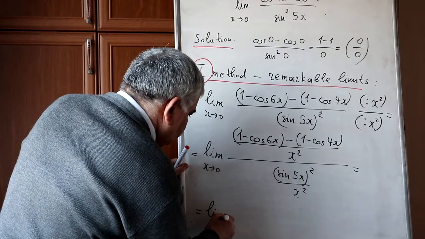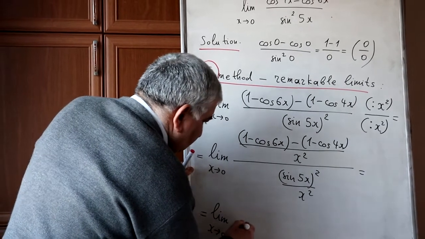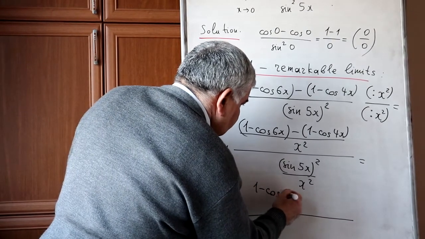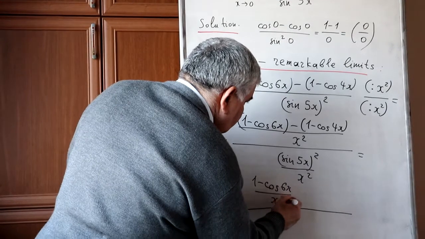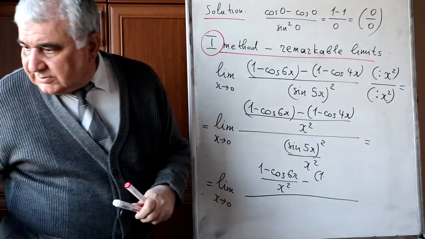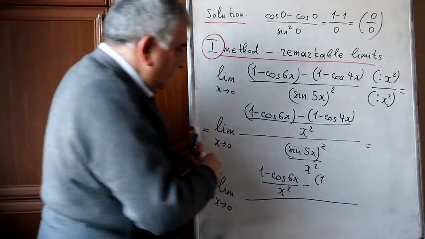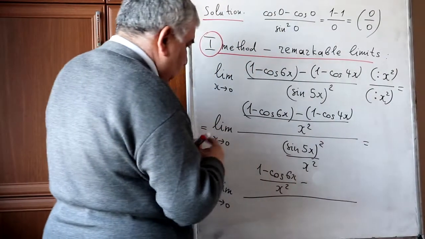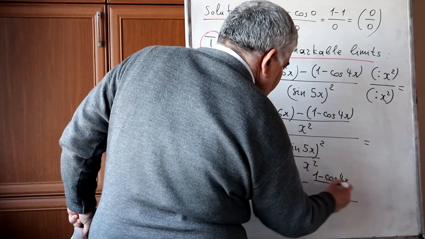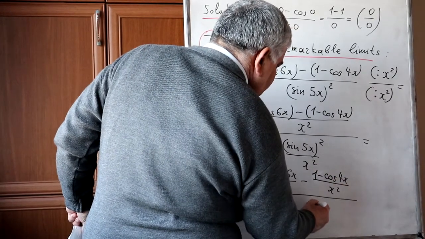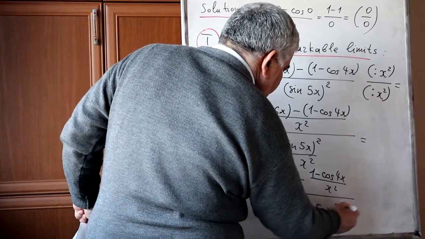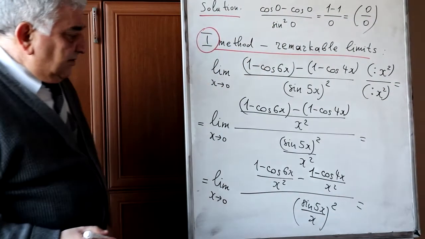Limit of one minus cosine 6x over x squared, minus 1 minus cosine 4x over x squared, divided by sine 5x over x squared. Then continue.